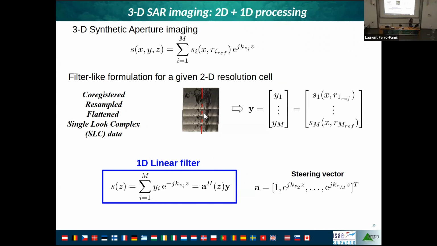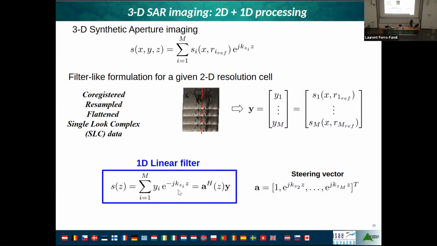So you don't need to do any interpolation. You just need to take one pixel and combine the values of this pixel with the correct weight, which compensates for the interferometric term. When you select the right one for a given Z value, then you can estimate the reflectivity around this elevation.